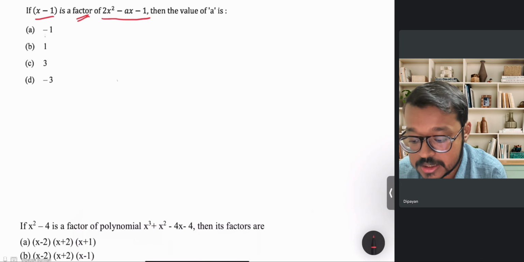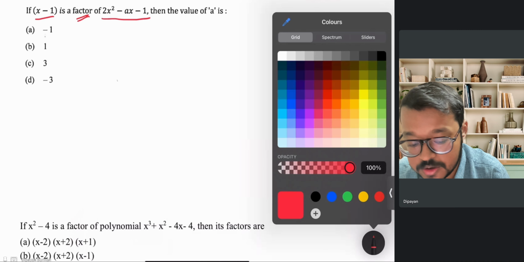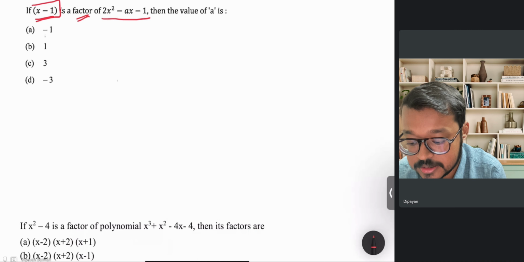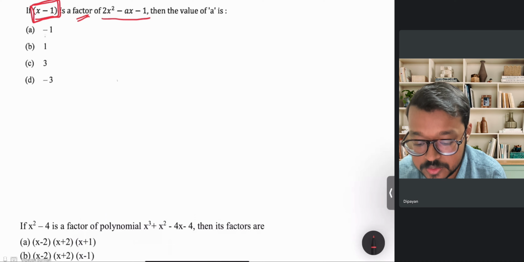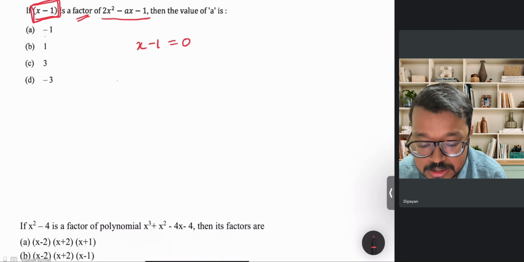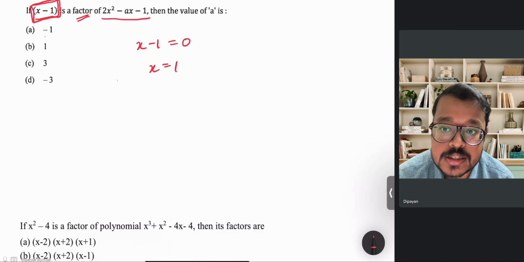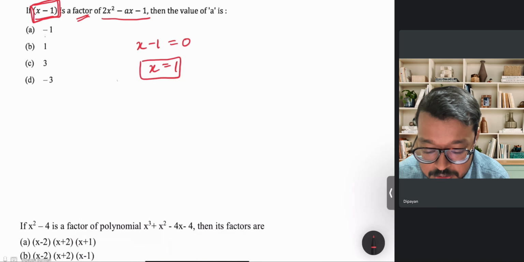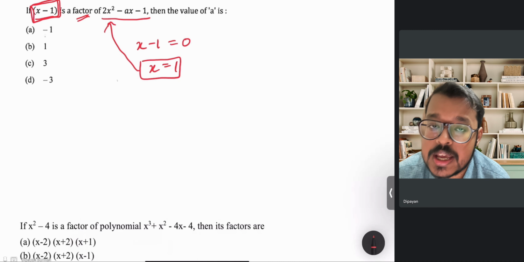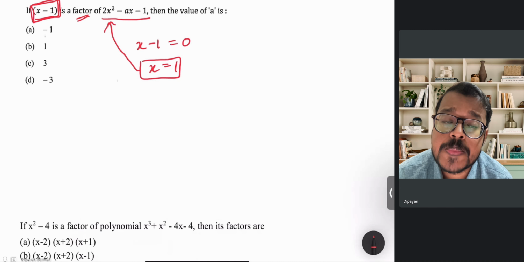So that means, let's find out for what value of x is this divisor equal to 0. So if x minus 1 is supposed to be 0, x equals 1. So for x equal to 1, the divisor is 0. So x equal to 1, if I substitute in the dividend and evaluate, that will be the remainder.